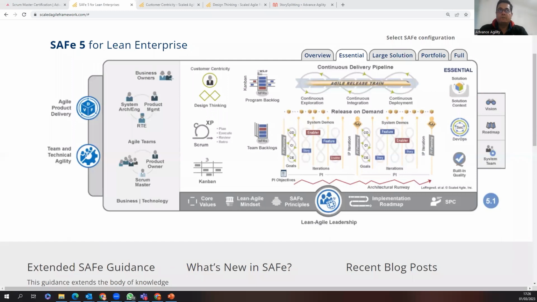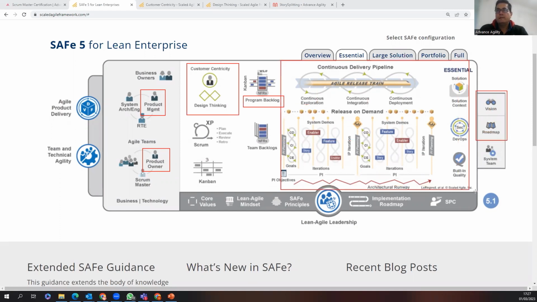So now there are two different competencies, and we have product owner here, and then we have product management here. The role of product management is more towards design thinking, and they are the ones who manage the program backlog and create vision and roadmap. Also, they work with product owners to execute the program increment.